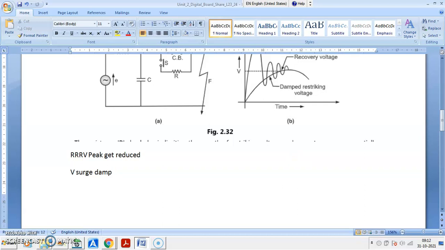Here you can see damping of this. Okay. Because of the current chopping, that voltage surge will appear and this voltage surge will get damped. Then it will ensure particularly sharing of restriking voltage or transient across the circuit breaker.